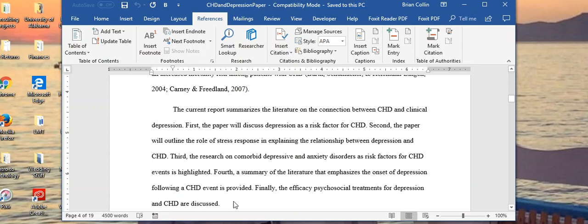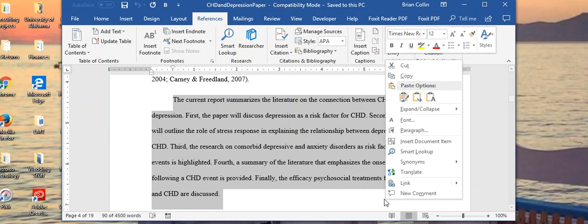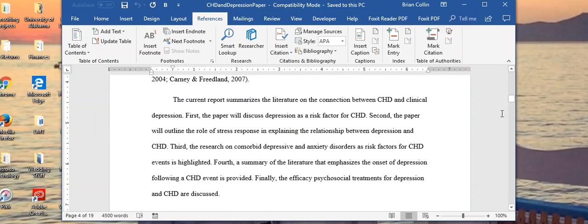That's why I think writing the body of the paper first is important, because then you know what you're going to talk about, and you can list that in this last paragraph here. But that concludes the tutorial on the introduction, and I'll go ahead and do the tutorial on the rest of the paper.